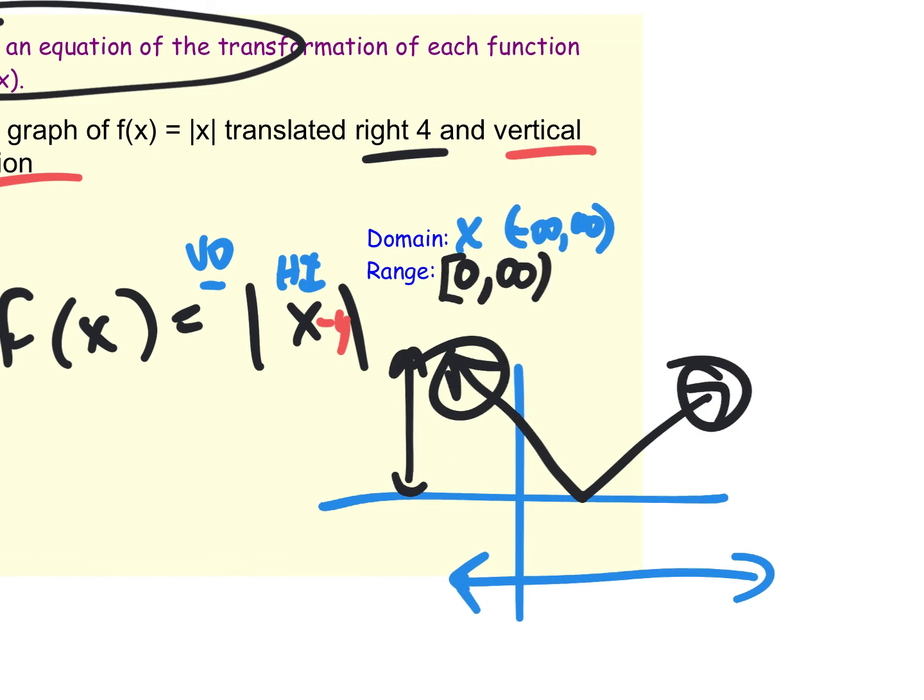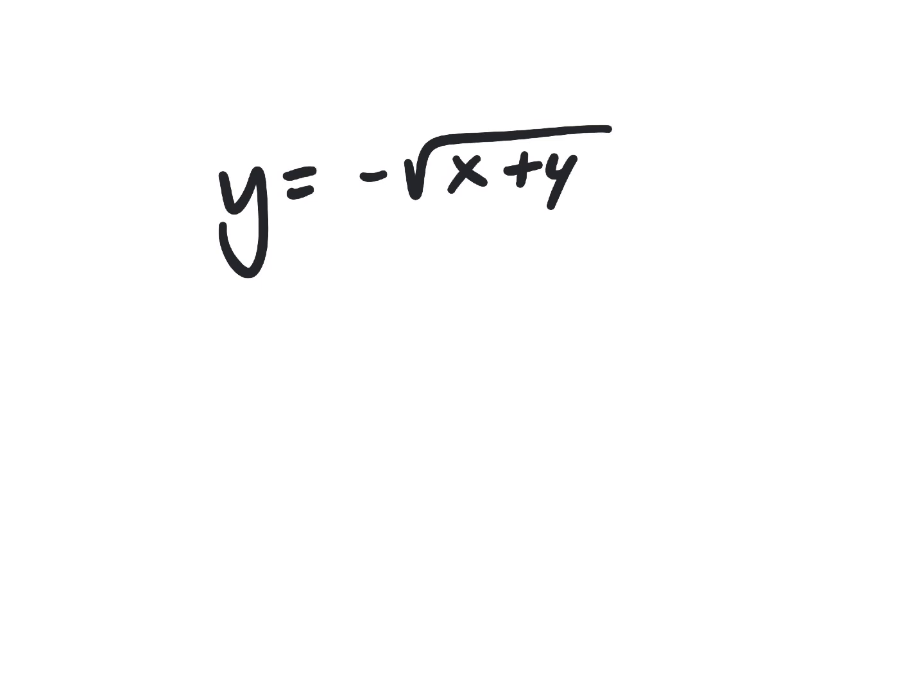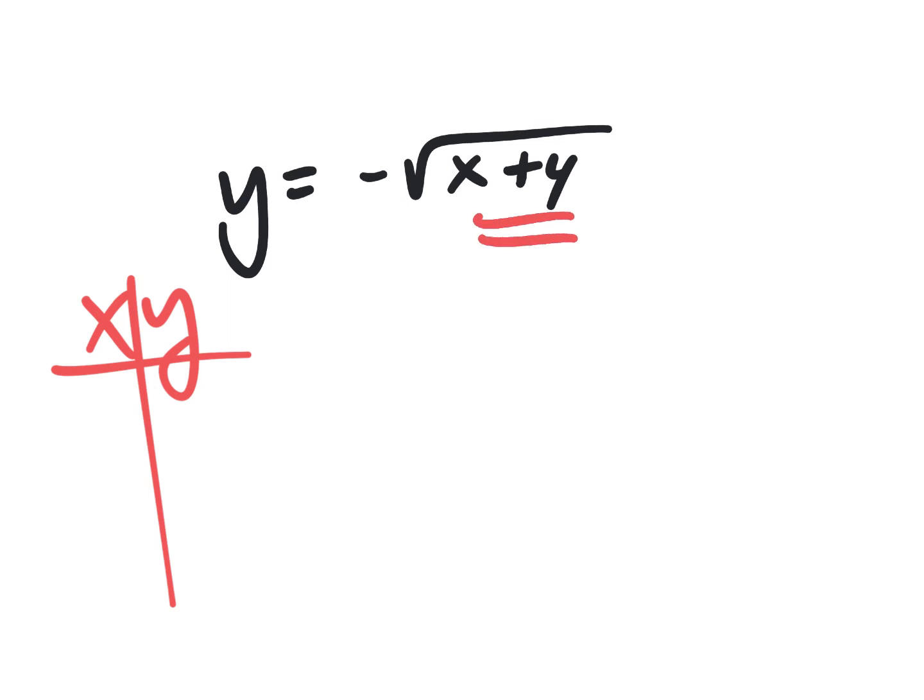All right, so now I think we should do one more like that. Let's say I had y equals negative square root of x plus 4. If I had asked you to graph it, you would have busted out the xy chart. If I had asked you to tell me which way it got reflected and moved, I hope you could have just looked at this and said, okay, even if you get stuck, some kids are going to say right away they know it's left.